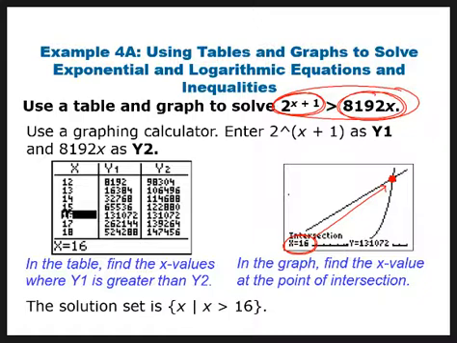Now in this case, because it started out as an inequality, we want to know where the first line, which would be this one down here coming up, is greater than the second line, which is just a linear equation going this way. Because we want to know where the first one is greater than the second, technically our answer isn't x equals 16.